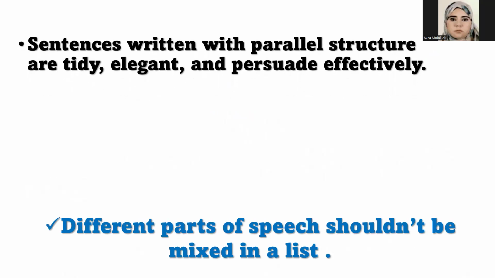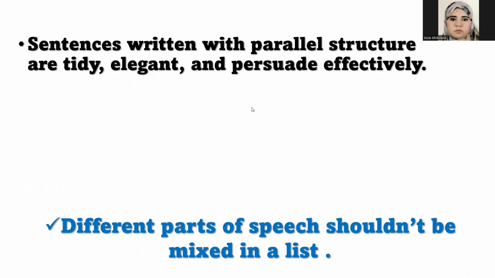In this sentence, we can all agree that it's not parallel because simply tidy here is an adjective, elegant is another adjective, persuade is the verb. These are the items of the list here. So the problem is that they mix different parts of speech here.